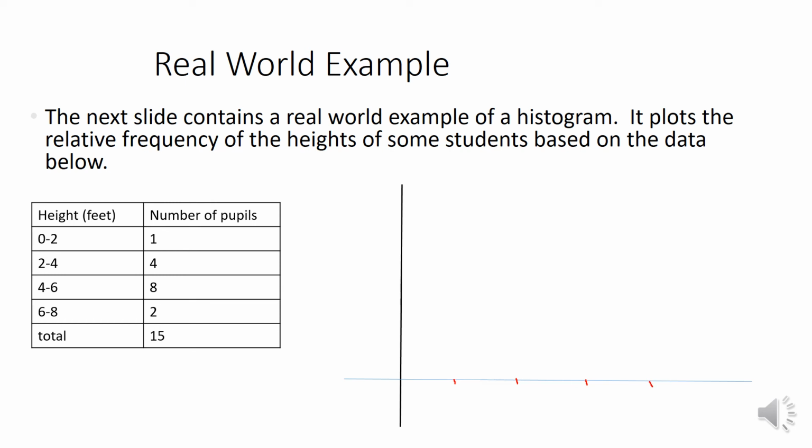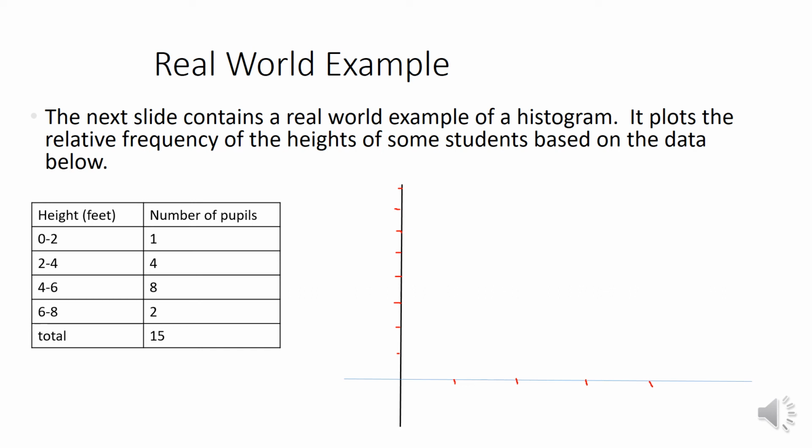On the y-axis also I have to mark the numbers like this: 1, 2, 3, 4, 5, 6, 7 and 8. Let it be. So first, the height from 0 to 2 is 1.